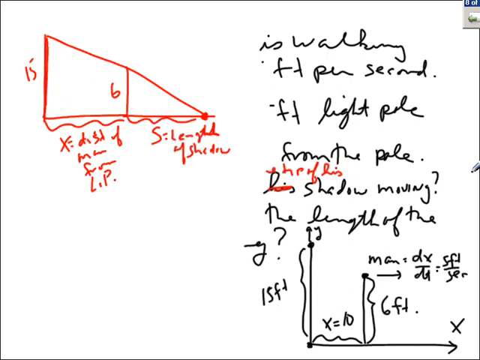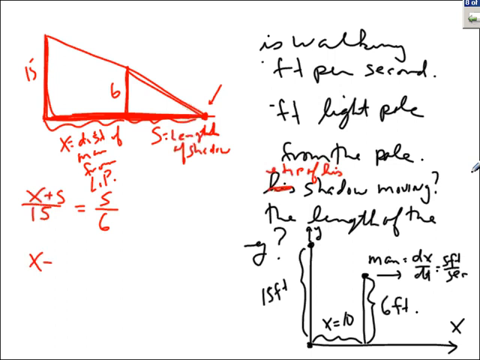Alright, so now, let's see. We have two similar triangles. We have the big triangle, where the vertical length is 15, and the horizontal is x plus s, and this is the same proportion as the smaller triangle, which is here. The vertical distance is 6, and the horizontal distance is s. Okay. Now, we want to know how fast that point is going. Well, that distance is x plus s.